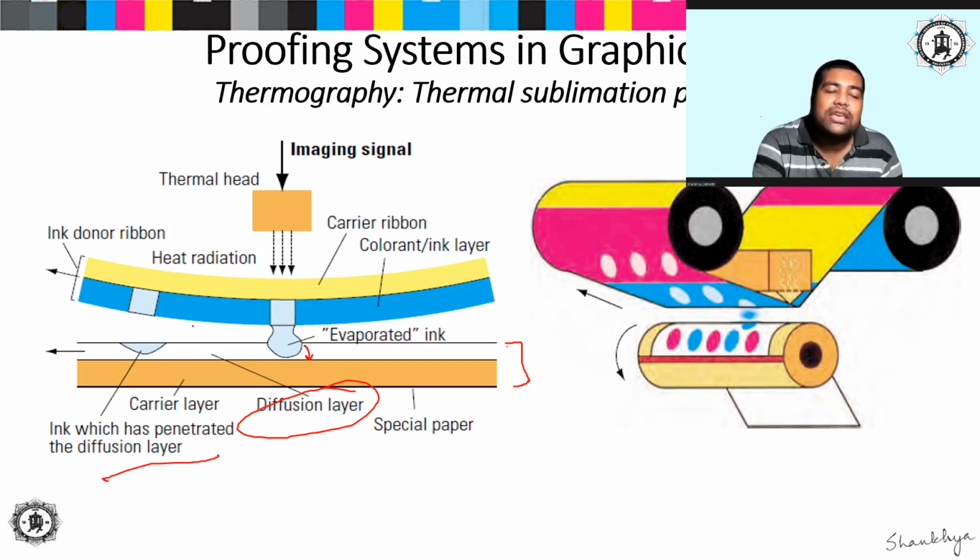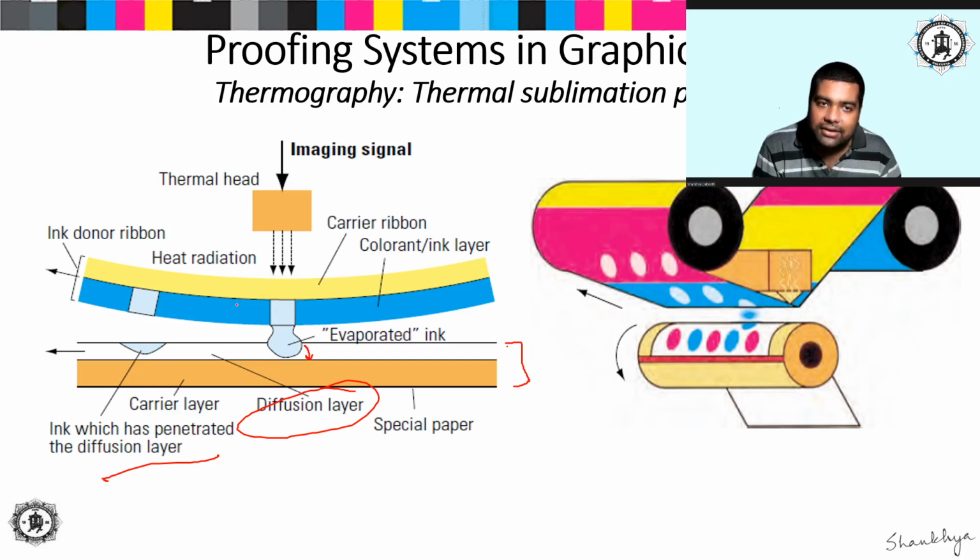So if a greater amount of ink is passed on from the inking ribbon onto the special paper, then the absorption or diffusion of that ink into the diffusion layer will be higher, right? And if a lesser amount of ink is transferred because the heat was not sufficient in that region, then a lesser amount of ink will get diffused into the paper through the diffusion layer, right?